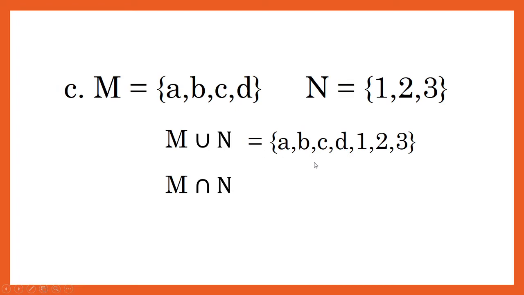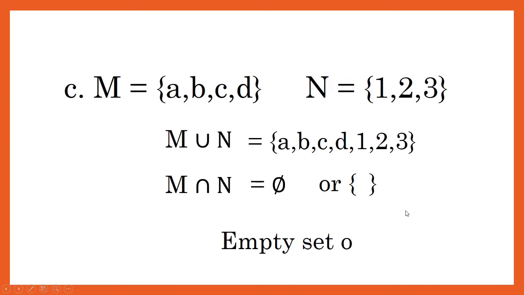None. So that means it's empty. This is the symbol for empty, or it's also called a null set. Meaning to say, it's an empty set or null set. That means no element in common. They have nothing in common. Nothing inside.